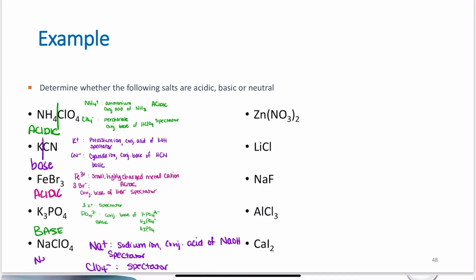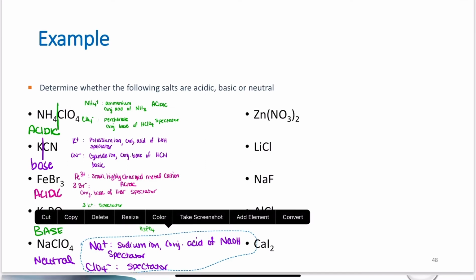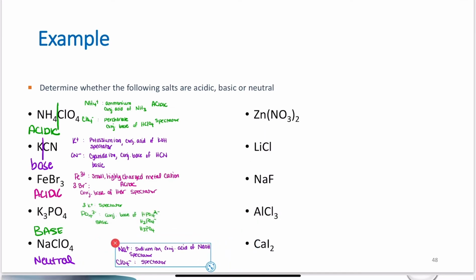So this will actually be neutral, because neither one will change the pH of the solution. Neither one is going to produce any more hydroxide or hydronium ions from the water that's already there, so it's just going to stay neutral.